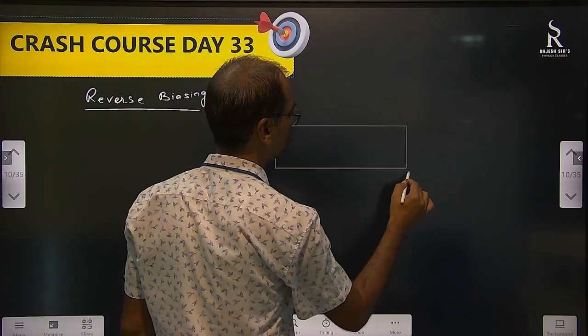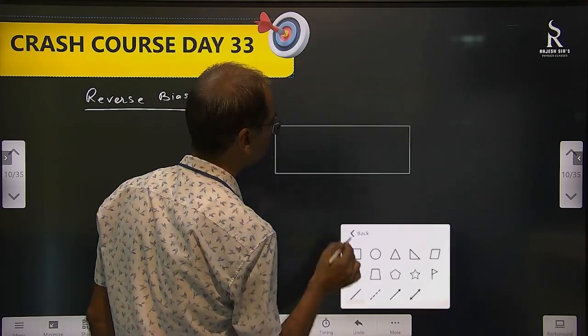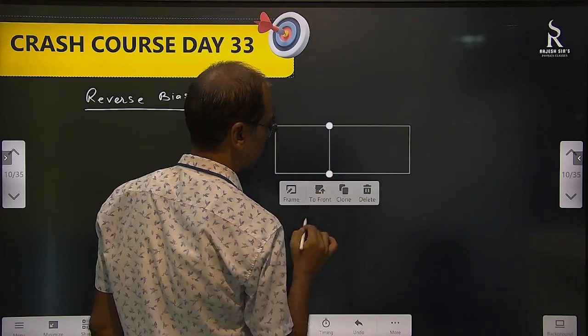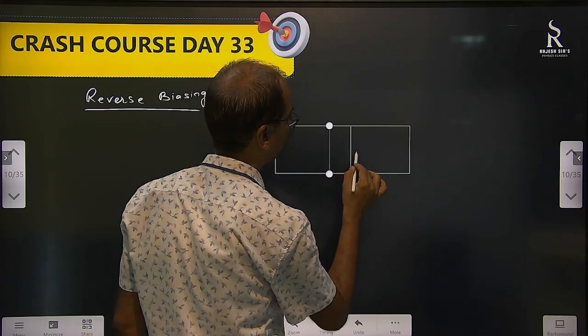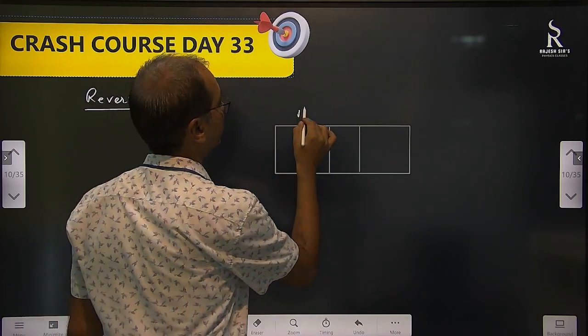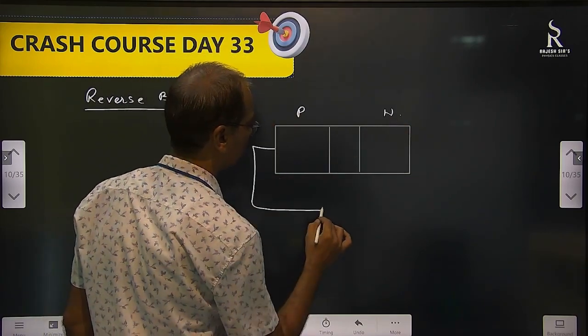Very simple to understand. It's not tough to understand that. This is our depletion layer. So this is p-type, this is n-type, and we connected this with the battery.